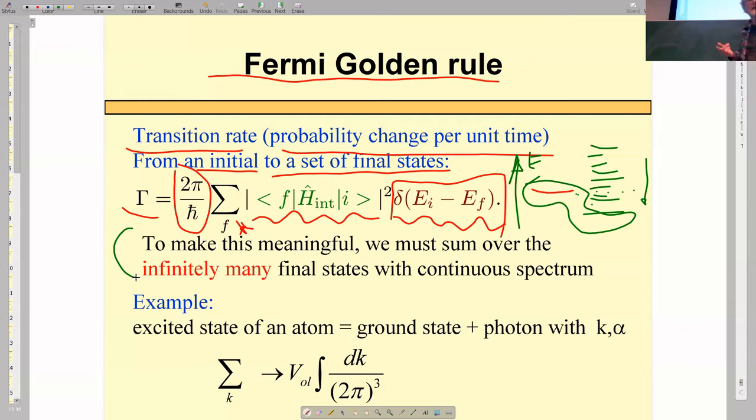So at some stage, we will have to replace this summation by integration over some continuous set of states. In our case, most likely this integration would be something which you know. You would have to replace summation over a discrete k, meaning wave vectors of photons, by integration over delta k.